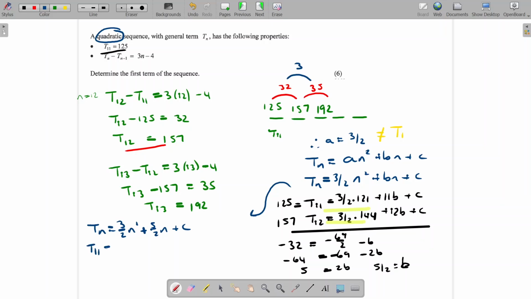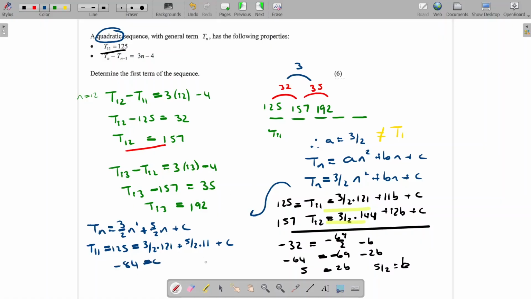Term 11 equaled 125, so 125 equals 3/2 times 121 plus 5/2 times 11 plus c. So 125 minus 3 divided by 2 times 121 minus 5 divided by 2 times 11 equals c, which equals minus 84.